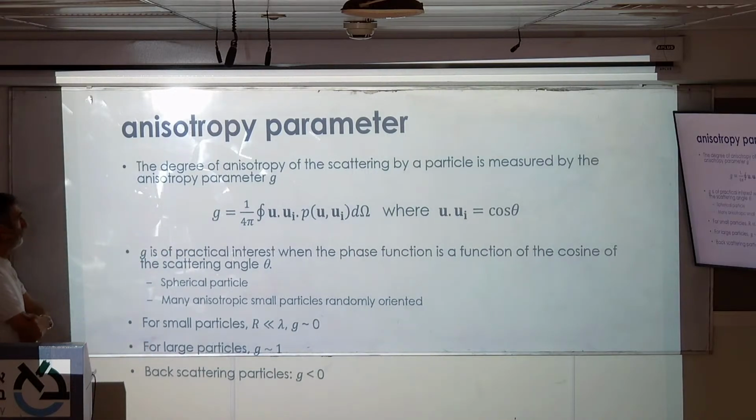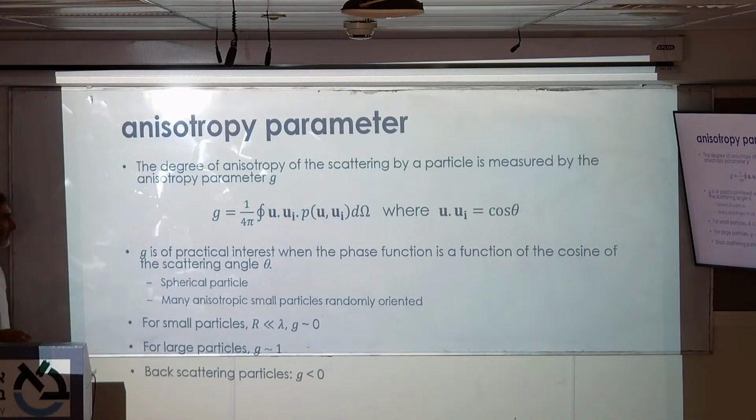So what is the definition of G? It is 1 over 4 pi, and you integrate over all 4 pi steradian, the normalized differential cross section P times u times u, which is simply the cosine theta.